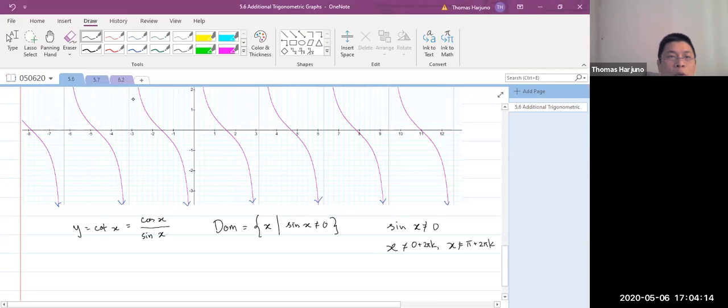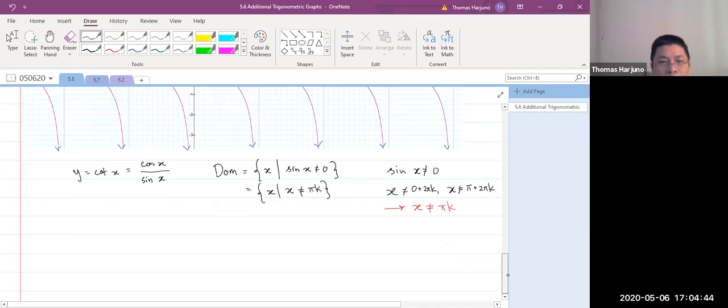Now again, we can condense this answer and get x is not equal to any multiple of pi. Therefore, the domain of cotangent is all real numbers as long as x is not equal to a multiple of pi. Integer multiple of pi, to be more precise.